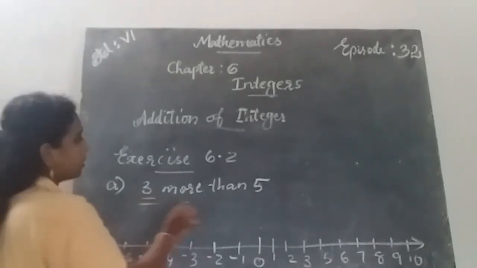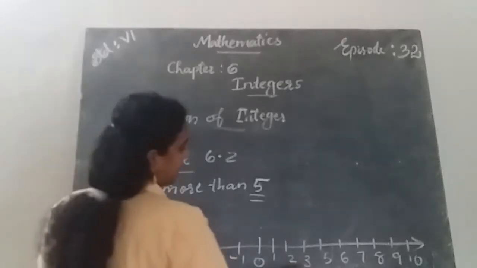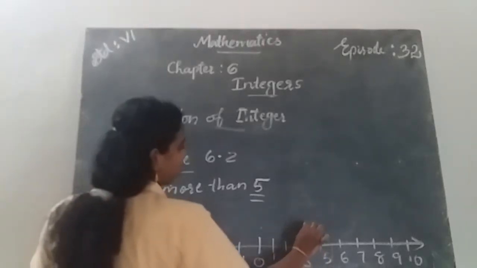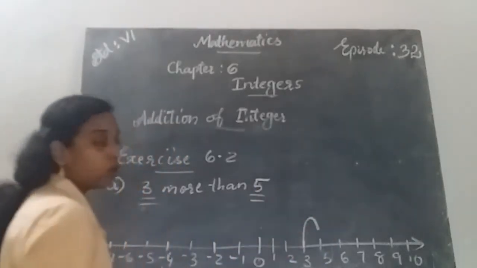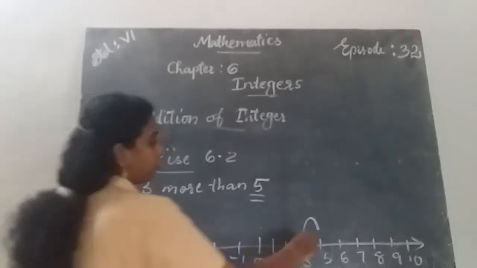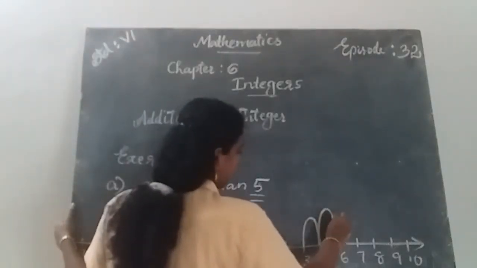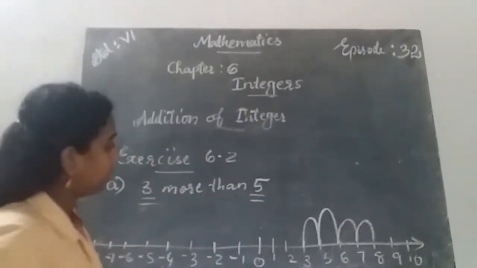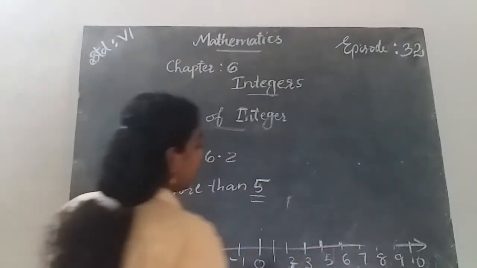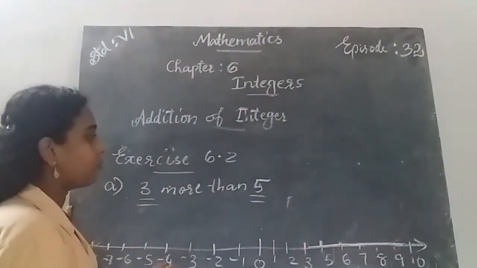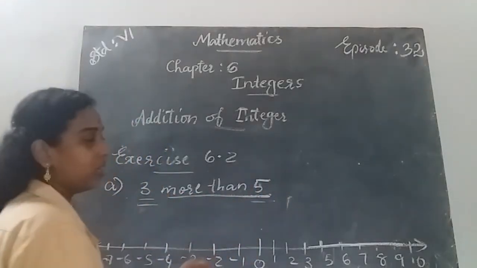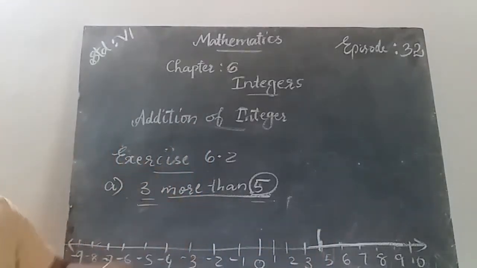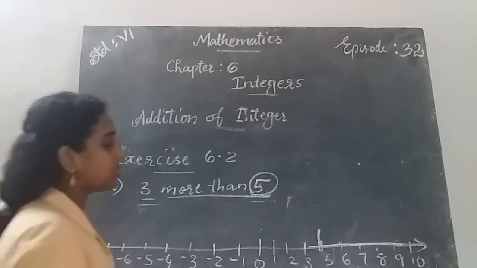Here the first question is 3 more than 5, and these two are positive integers. 3 more than 5 means more than 5, so we start from 5 and move 3 steps towards the right.